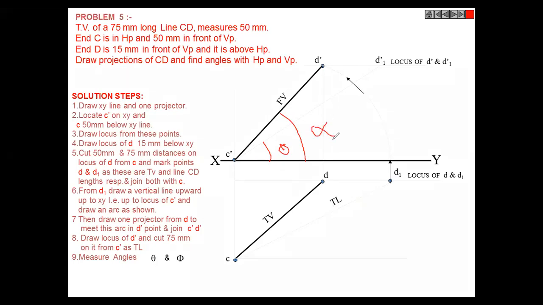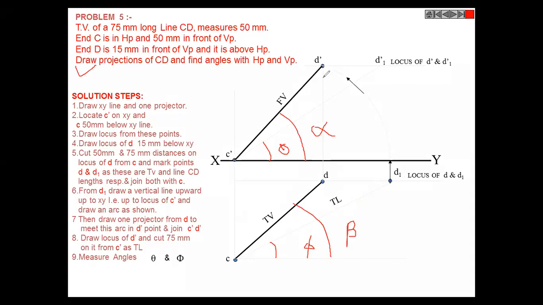This angle will be phi, and this angle will be beta. You got everything. Now, if I add to the question, then tell me the precise location of D. You can do that also.